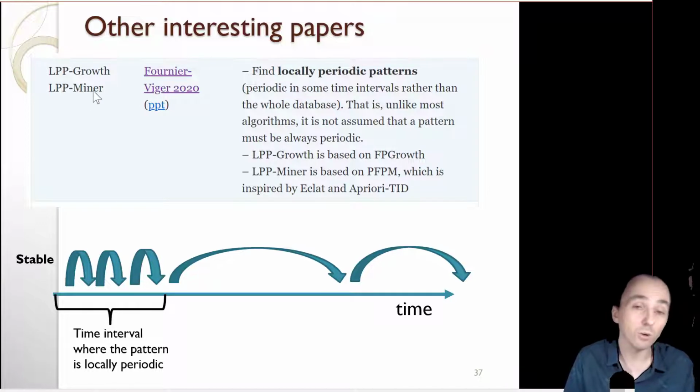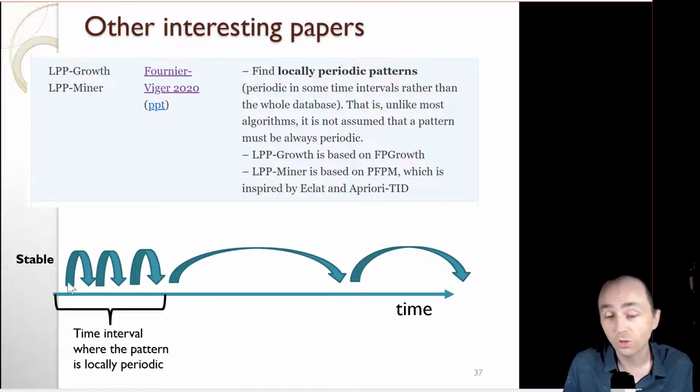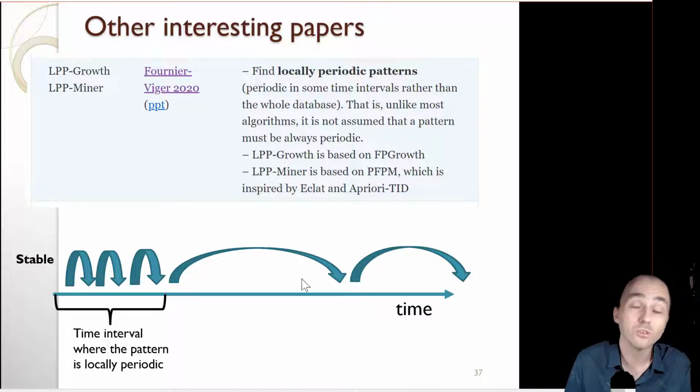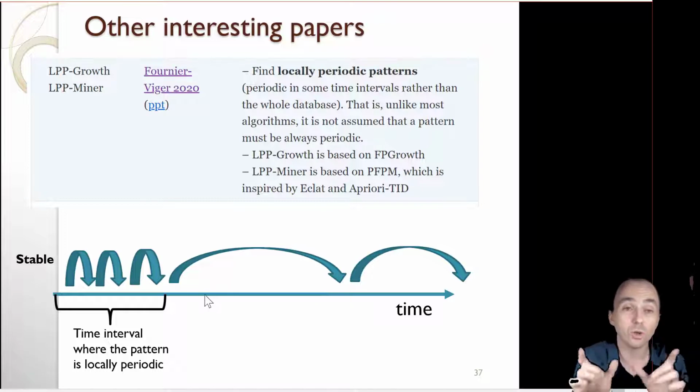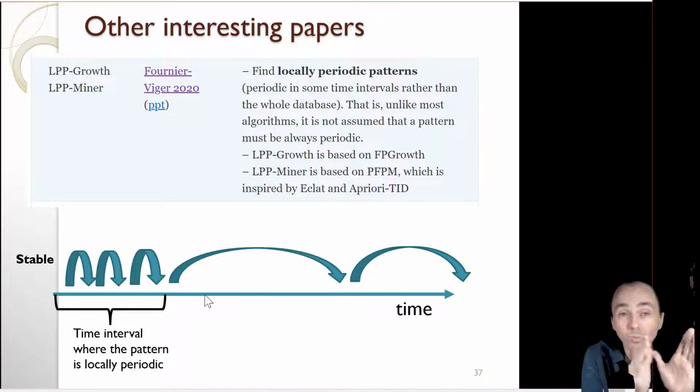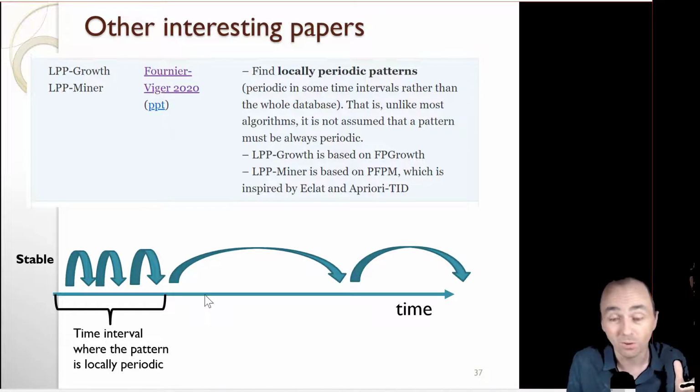We designed algorithms based on FP growth and ECLAT and so on. Here what we do, as you can see on the picture, is find that a pattern will be stable during some time interval, but maybe not during the rest of the year. So automatically we can find when a pattern will be stable. This is also very interesting.